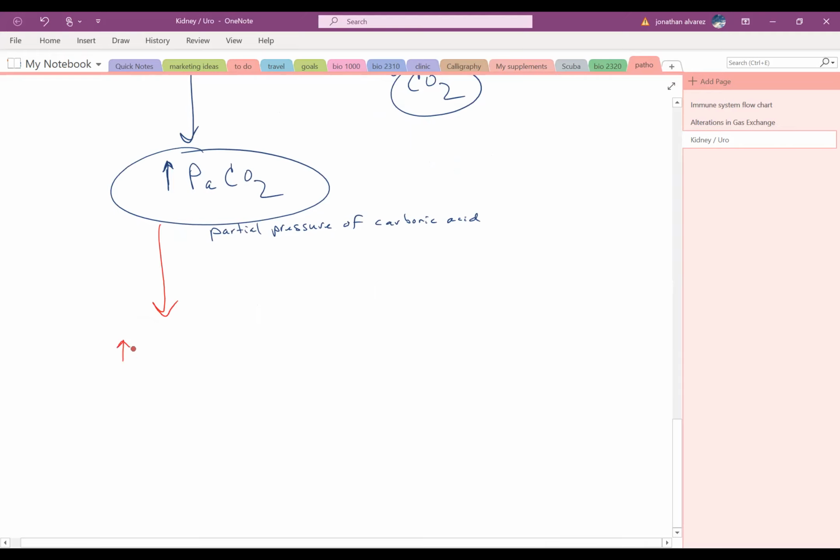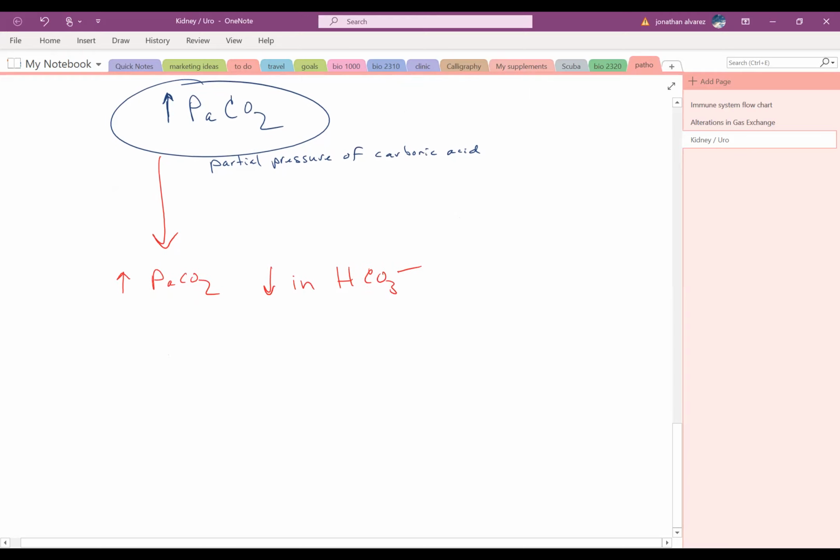So if you have an increase in your carbonic acid, you're likely going to have a decrease in bicarbonates. And then there's two forms of this.